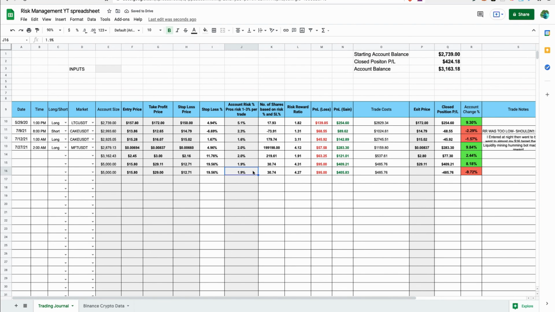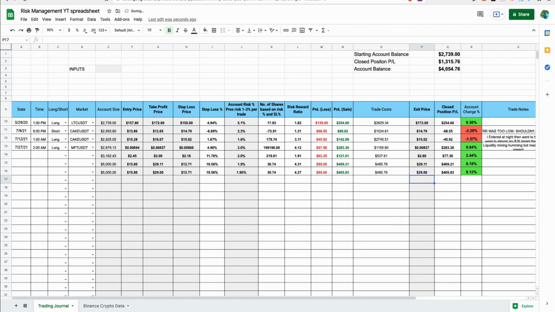It calculated my maximum loss. It calculated my maximum gain. It calculated my trade cost. And once I put in my exit price, let's say I was aiming for 29, and I put 29, I made the maximum gain, $405 or 8.12% account change, and it will add it over here and change it.